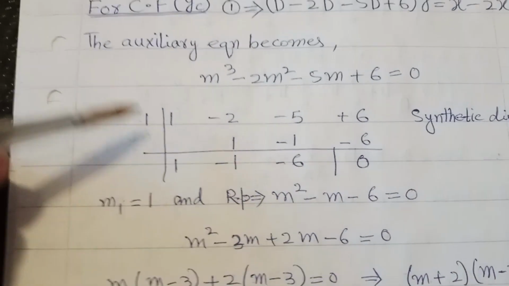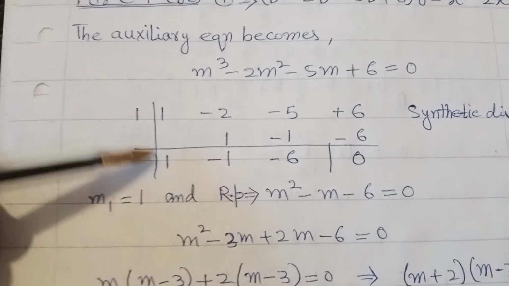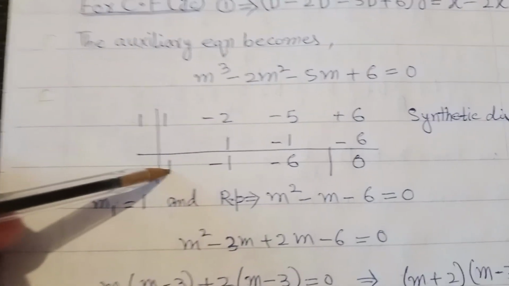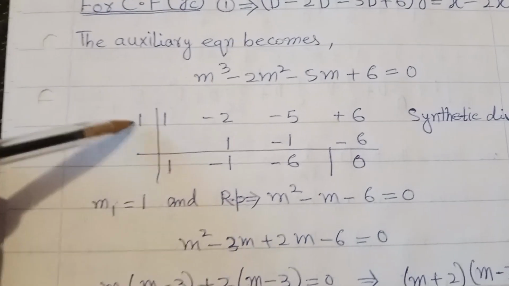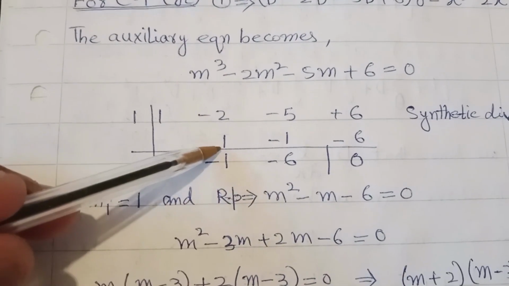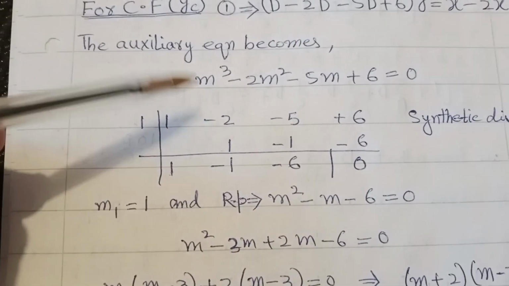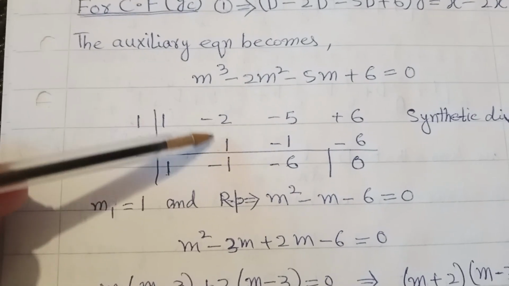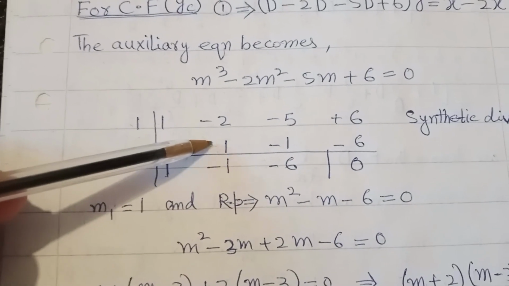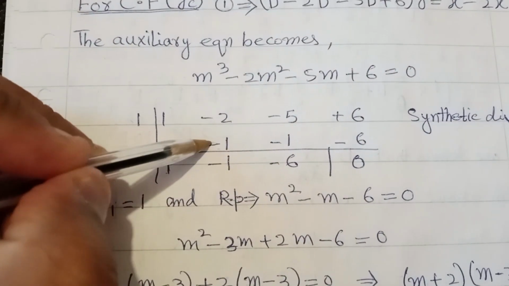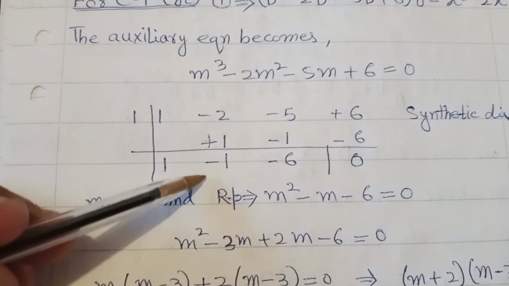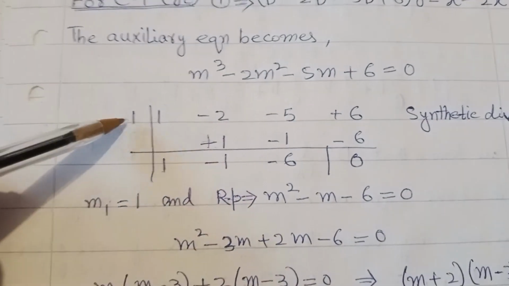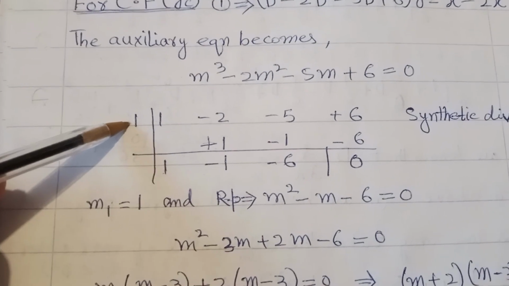Now what is the process? First term will remain the same. Now this first term will be multiplied by 1, 1 into 1, that will be 1, and this will be added to the coefficient. So minus 2 plus 1 will be minus 1. This minus 1 multiplied by 1 is minus 1.